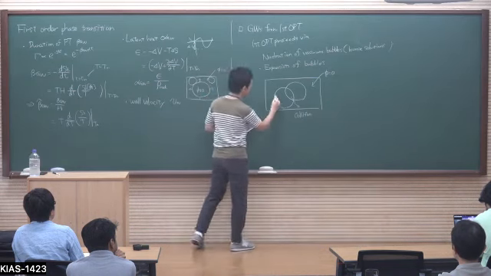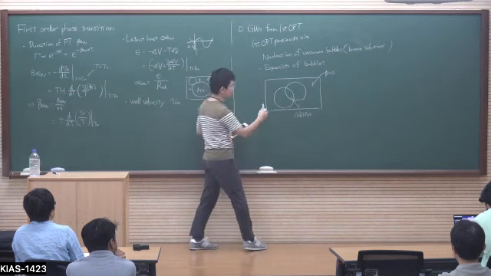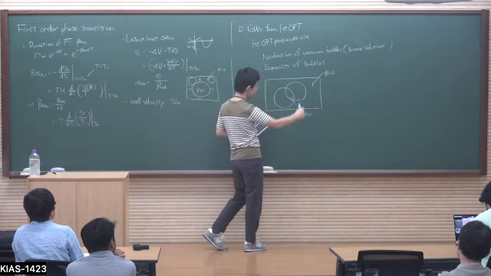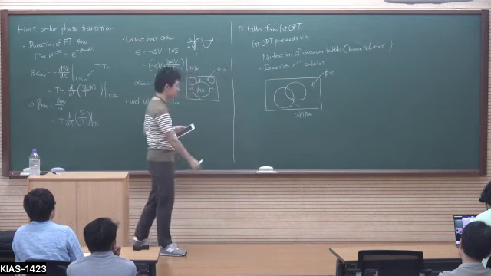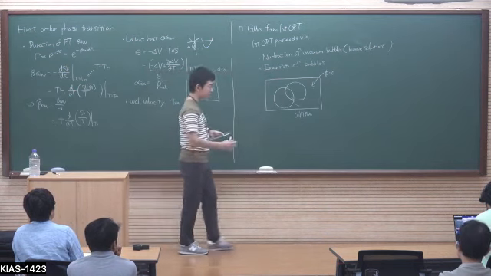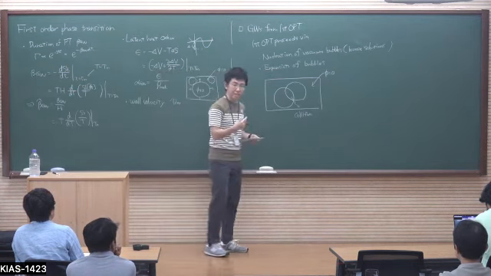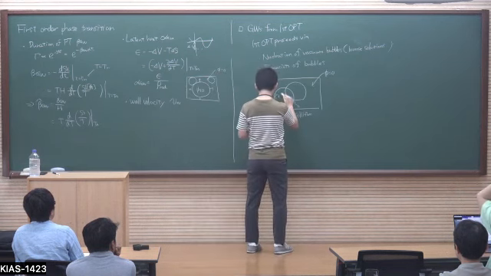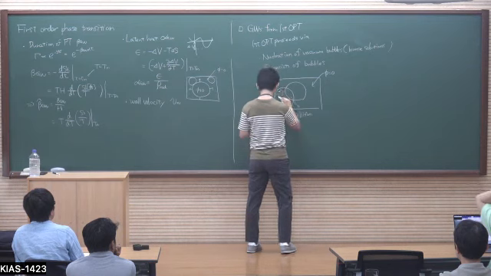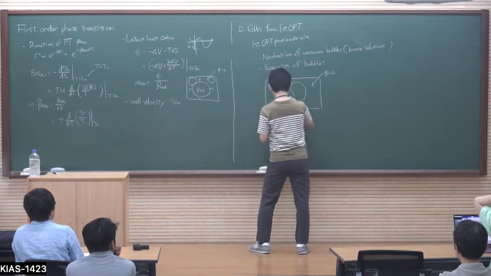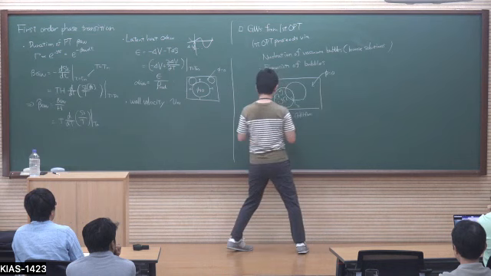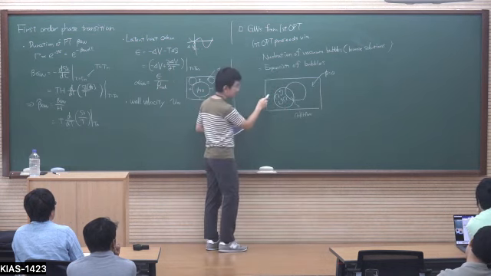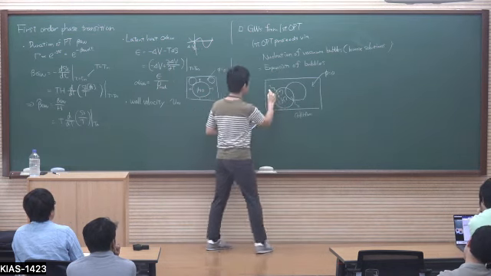And the second one is turbulence. When the first order phase transition is realized, a non-thermal equilibrium situation is realized. Therefore, in general, turbulence can be produced, and such turbulence can produce the gravitational waves.